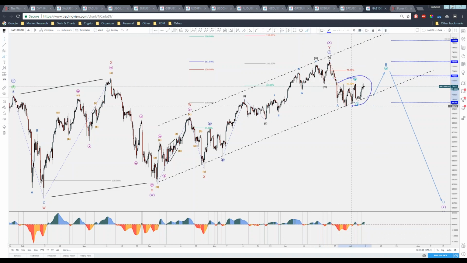And this is a corrective piece. It is gaining support on this, but in my personal opinion, I believe it's awaiting. These fibs are awaiting to be touched, right? So this can actually, to be honest with you, start dropping anytime it wants, because this is indeed a corrective structure.